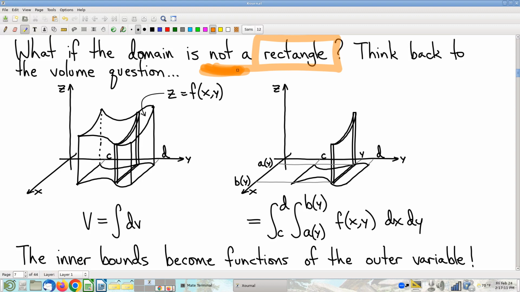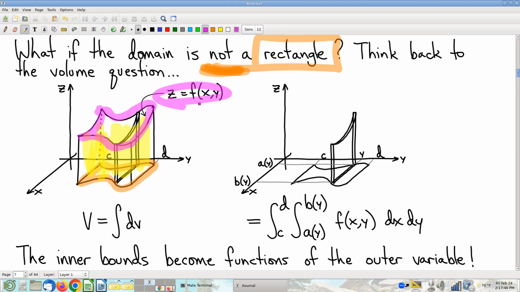So, if I have a non-rectangular domain, such as this lumpy thing right here, and if I ask similar questions, such as, well, I want to compute the amount of volume in here, sitting under a graph. Just like we did over a rectangle, but this now over not a rectangle. How would I compute this volume?